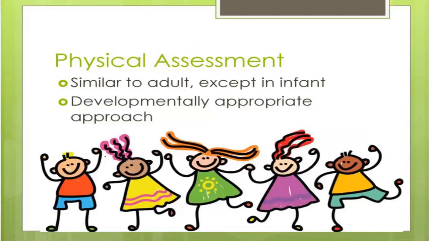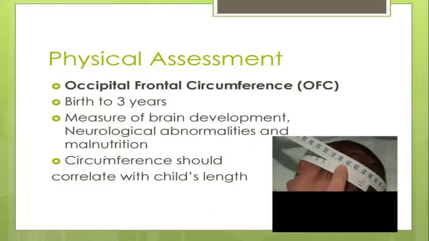And the other physical assessments are similar to an adult, except that in infants they must be developmentally appropriate in how you approach them. We are already finishing this physical assessment.